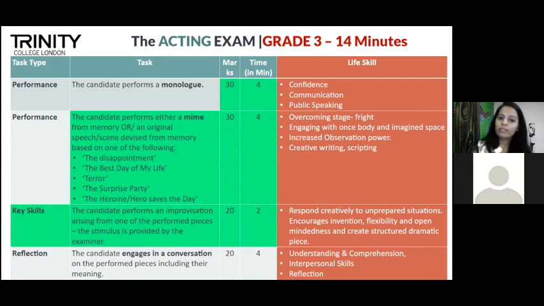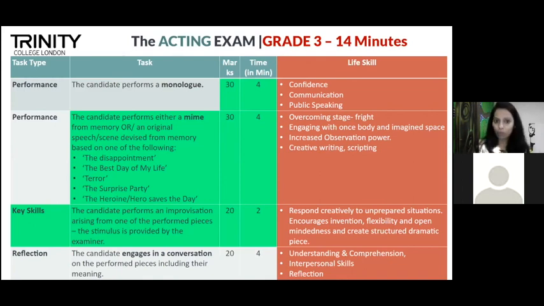Here, along with the mime, you are given a choice of devising a scene or giving a speech. Now, there are 5 scenarios given for this particular section. You can choose to talk about the best day of my life, the disappointment, the terror, the surprise party, the hero or heroine who saves the day.